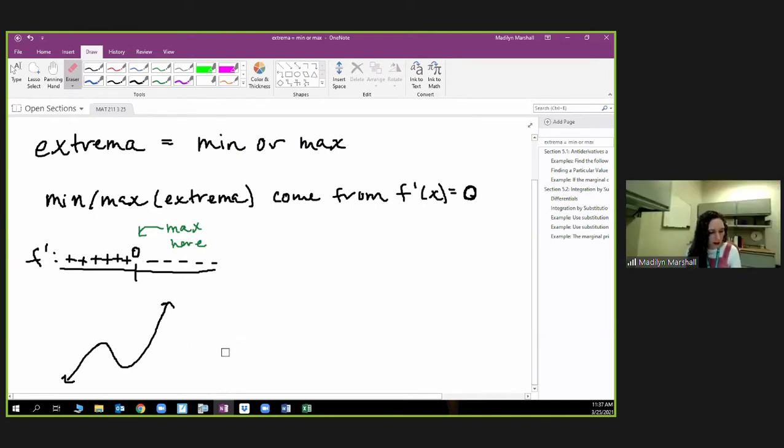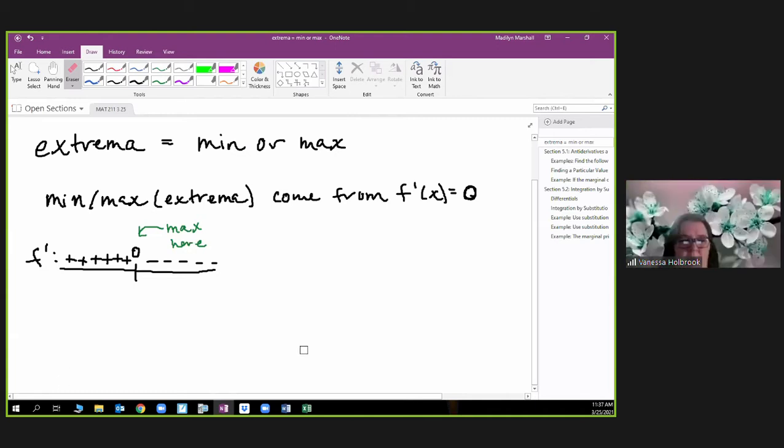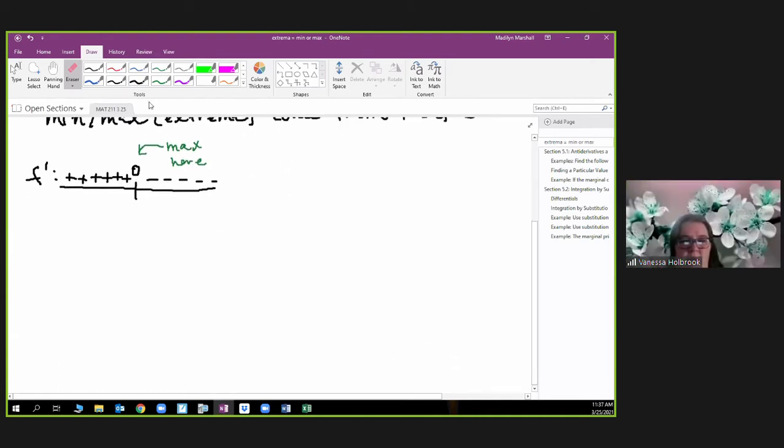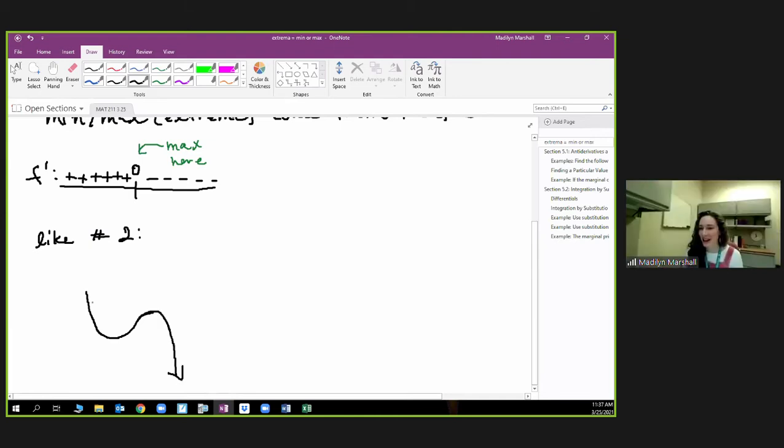So on something like number 2, I'm just going to draw a different kind of graph. We'll just say this is our graph for now.